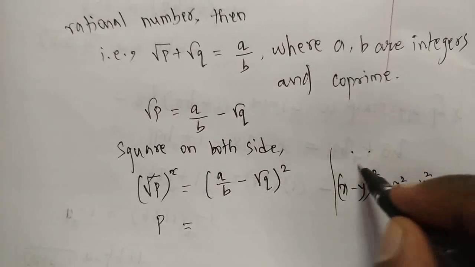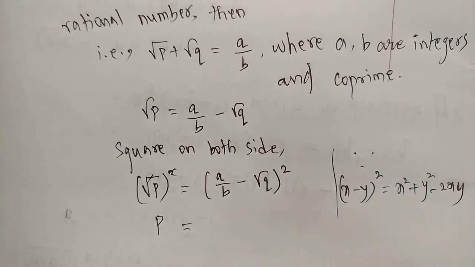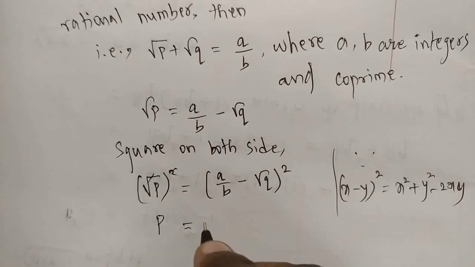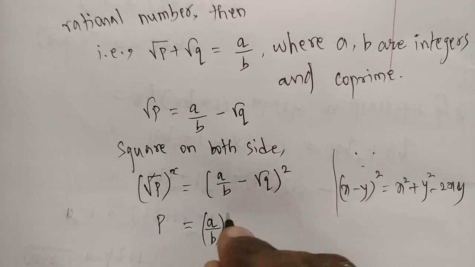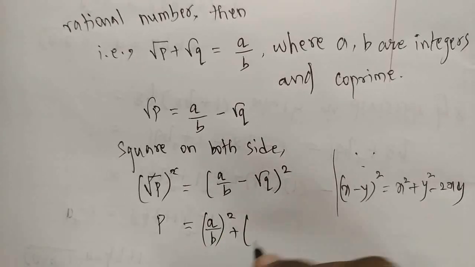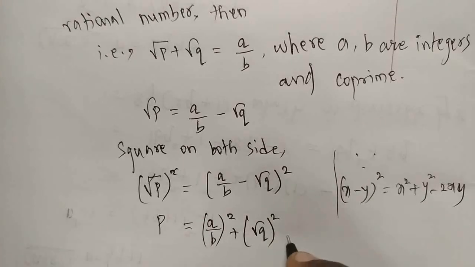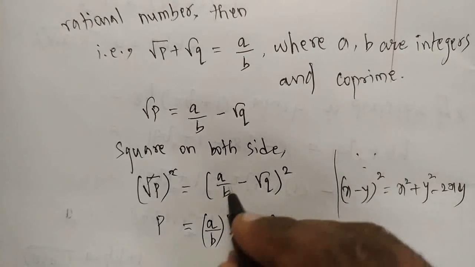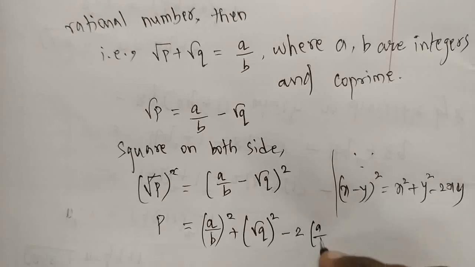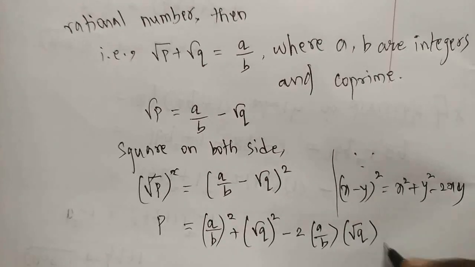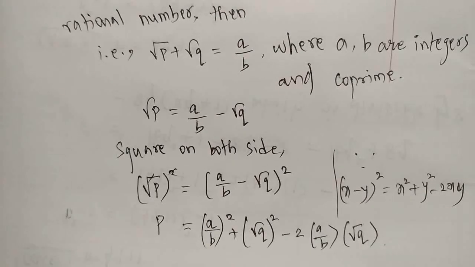Here x is A by B and y is root Q. So x square is A by B the whole square, plus y square is root Q the whole square, minus 2xy, which is 2 times A by B times root Q. Now we can simplify this.